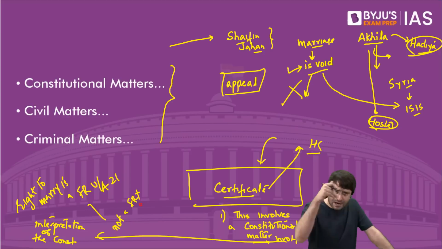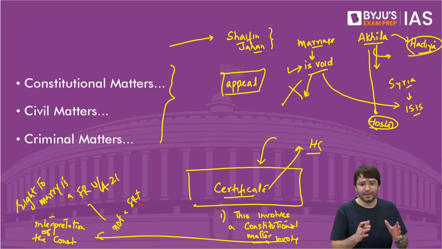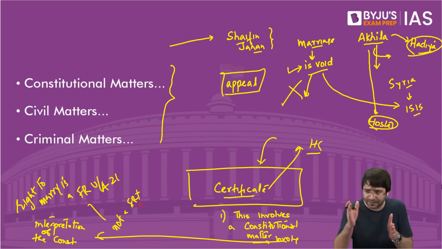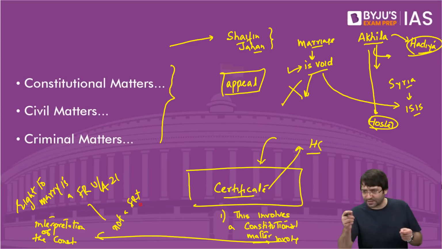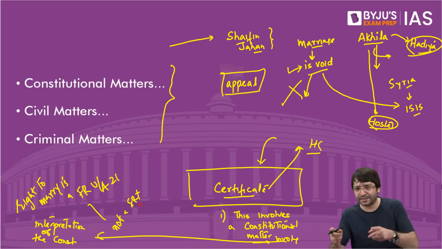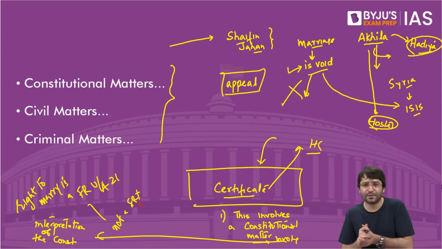But be that as it may, our purpose is to understand that when you file an appeal against the High Court judgment before the Supreme Court, it's not that you directly approach the Supreme Court. You're not satisfied with the High Court verdict and then you ask for a certificate, saying, I want to file an appeal before the Supreme Court. Without your certificate, I cannot.